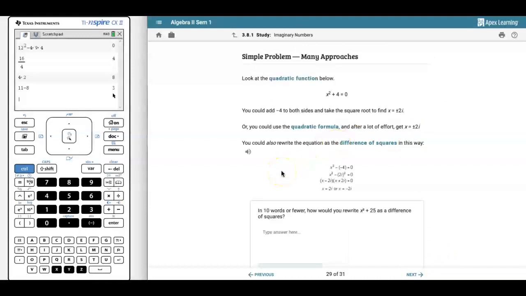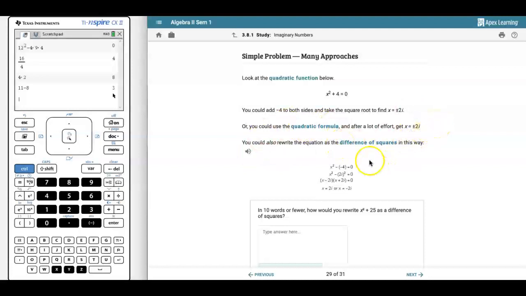All right. So looking at this quadratic function here, there are multiple ways for you to solve some of these quadratic functions, and truly it's whatever you're most comfortable with, right? So for this one, you could add 4 to both sides, take the square root, find out it's plus or minus 2i, right? Or you could do the long quadratic formula to figure out that it is plus or minus 2i.